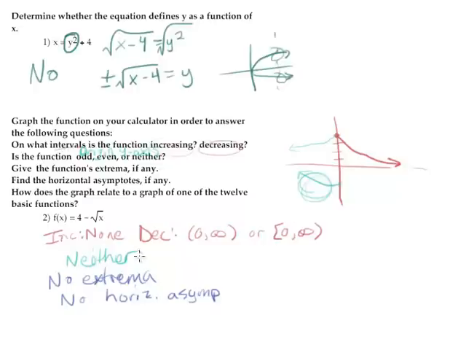How does this graph relate to the graph of one of the 12 basic functions? Well, it's relating to the square root function. That's its parent, because, hey, look, there's a square root. And this is actually kind of tricky because the order does matter here.